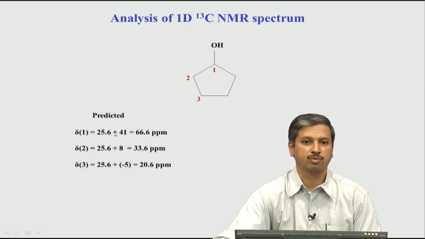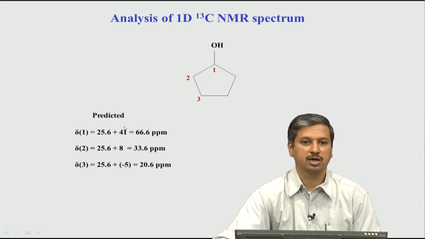Therefore, this is the base value which is given in that book, and based on this base value I add the contribution because of this OH. When the OH is directly attached to a carbon, that carbon of course you expect to get the most deshielded because of the electronegative effect, and therefore, this contribution is very high. So, the chemical shift of this carbon is expected to come around this ppm.